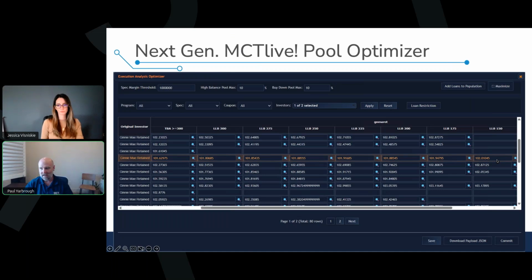But if I don't have enough for an LLB 150 pool, maybe I've got to go down to a 175, a 200, and you can see these prices getting a little worse as we go towards a multi or a TBA type price. And so that's what we want to know as price discovery: on any particular loan, what is every available price to that loan?